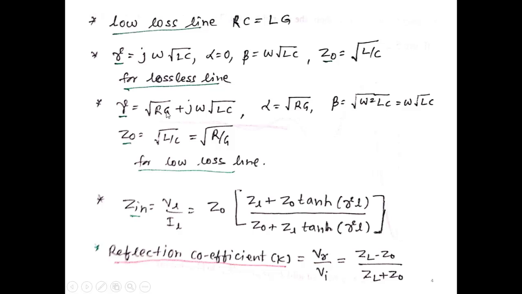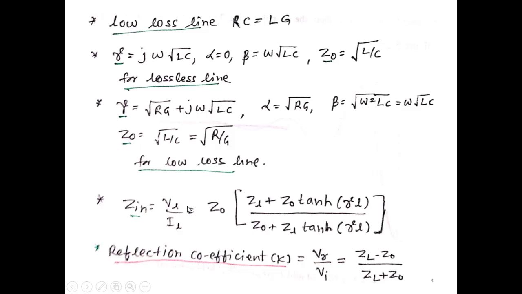And for a low loss line or distortionless line, gamma is given by square root of RG plus j omega square root of LC. Therefore, the attenuation constant alpha is equal to square root of RG, and the phase constant is given by beta is equal to omega square root of LC, and Z0 is equal to square root of L by C, which is equal to square root of R by G.